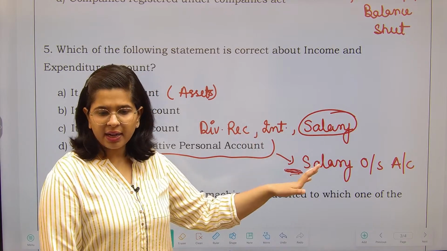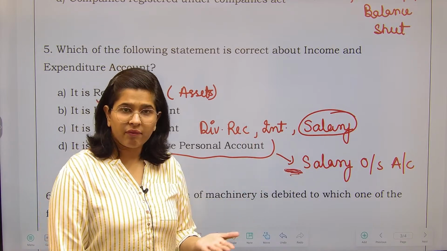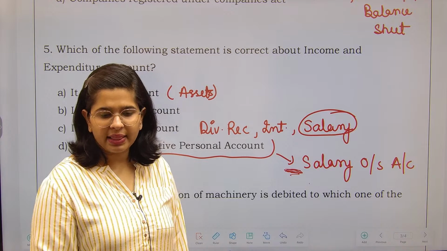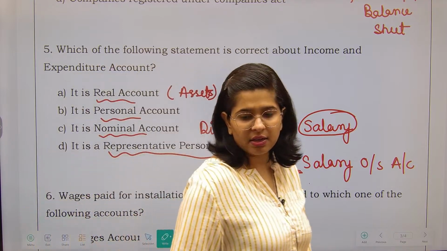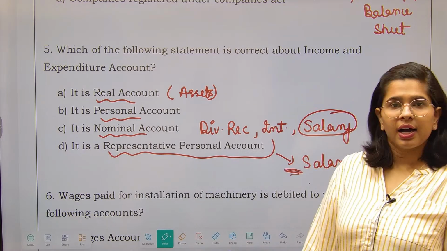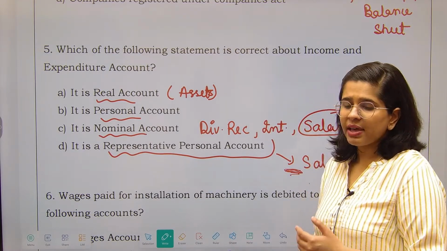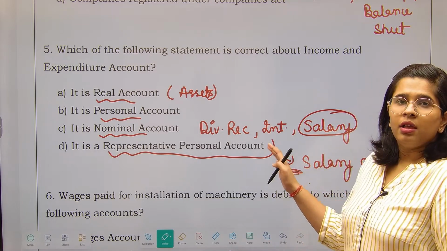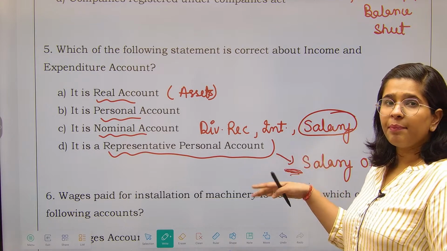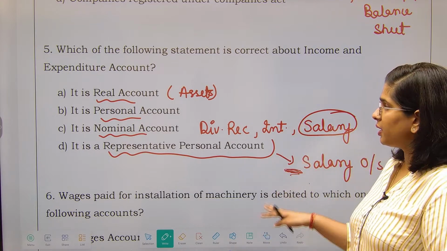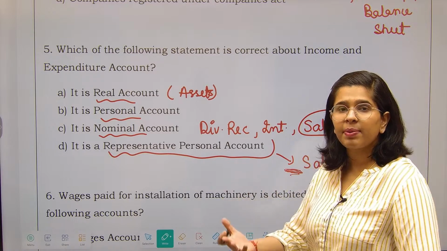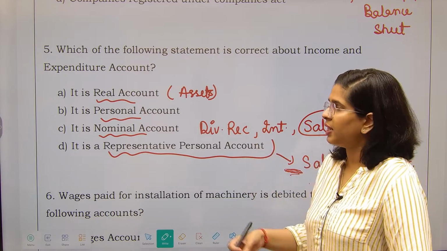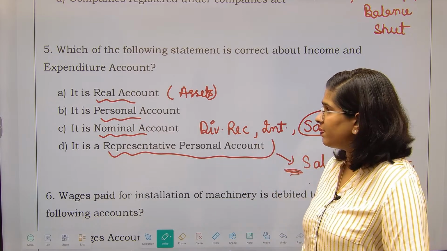The salary is outstanding because I have to make a payment to someone, correct? So now this account is representing some individuals and that is why it is taken as a representative personal account. Understood? Whenever your account is representing someone, we call it a personal account. But if your nominal accounts become prepaid or outstanding, they start representing a person to whom we have to make the payment or from whom we have to receive the payment. That is why they are called a representative personal account.